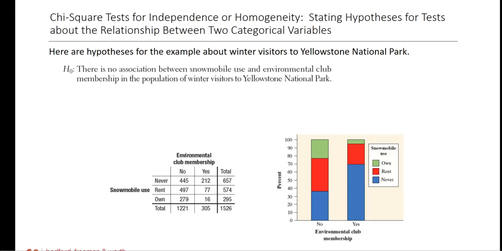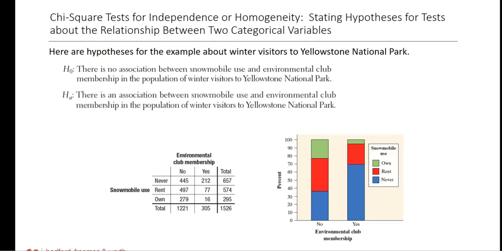In this case, being in the environmental club and using or owning snowmobiles at Yellowstone. In other words, the null is that there's nothing going on, there's no association. The alternate is there is an association. And so those words are almost the start of every chi-squared independence test.